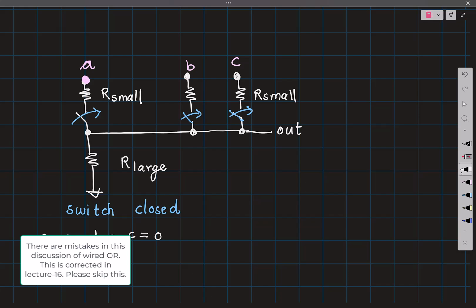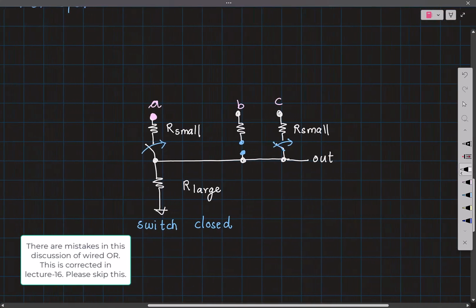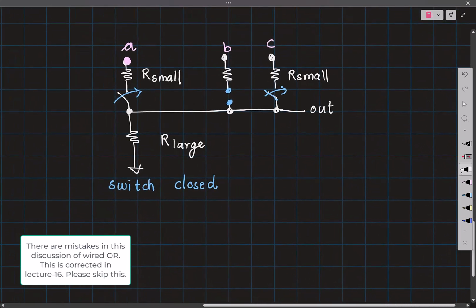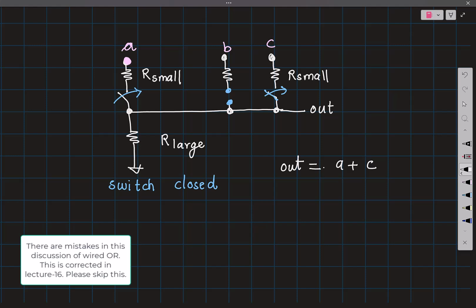Then also the output is 1. Right? So now, if I give you a circuit like this, where I have not connected this portion, then what is the output equal to? Can I write this as A plus C? Right? That's all. So I can construct an OR gate by having some sort of a connection like this.